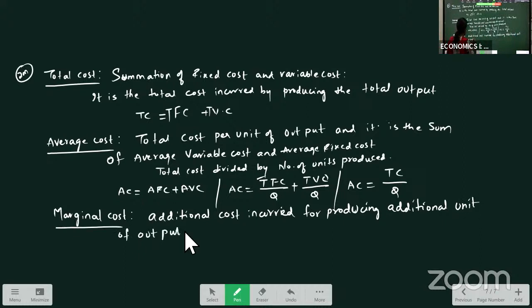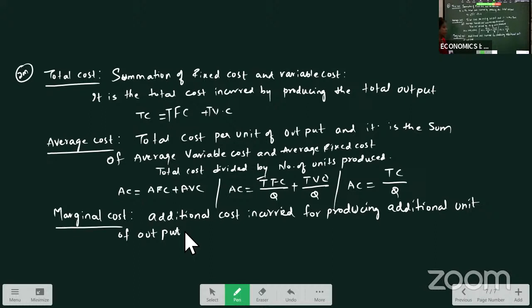So what is marginal cost here? Marginal cost is the additional amount added to the total cost by the additional cost incurred for producing an additional unit of output.